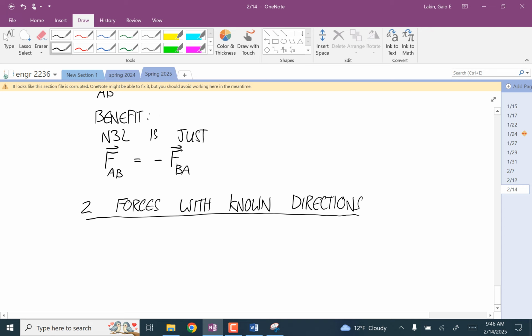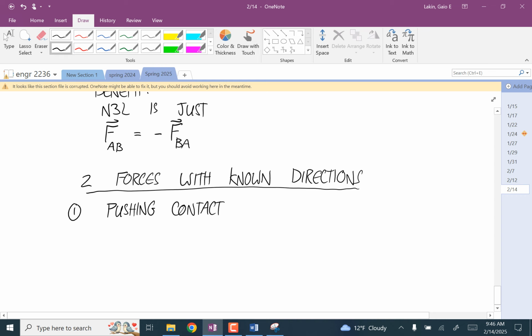These are pushing contact and pulling contact.